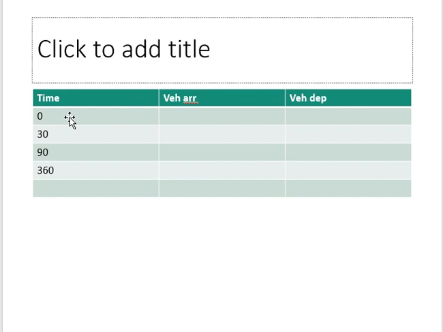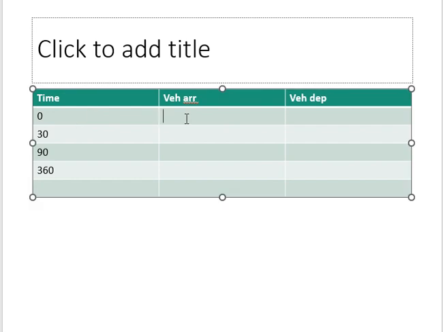Some of you don't trust me, you can calculate, no problem. 90 plus 270 is 360. So I took the times from the changes in demand and queue. If you didn't do the earlier calculations, you don't know what times to take. If you don't have this graph and the calculation, you don't know where to calculate the vehicles arrived and departed.